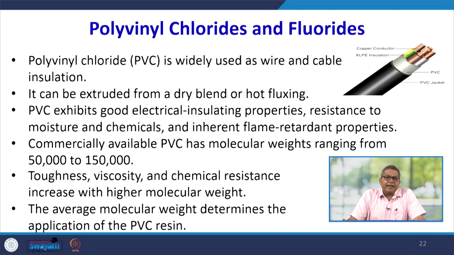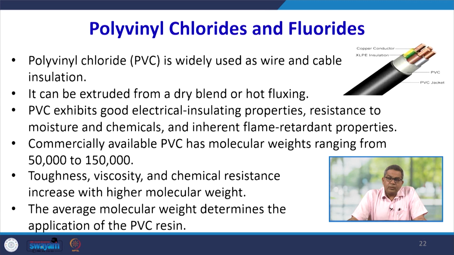This PVC exhibits good electrical insulating properties, and you will find all these PVC cables in your domestic affairs, where the metallic wire is coated with PVC for insulation purposes. So, this gives an idea of how versatile and useful polyvinyl chlorides are. And they offer resistance to moisture, chemicals, and inherent flame retardancy.